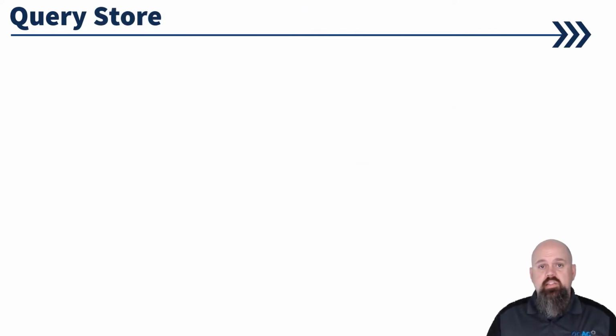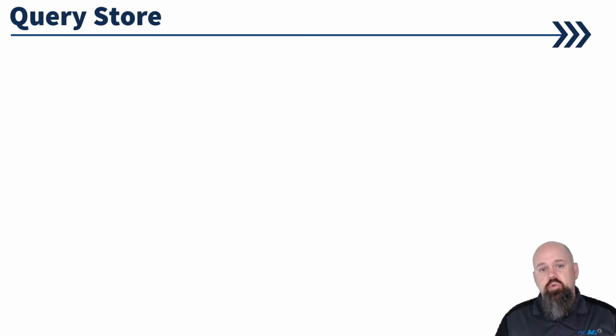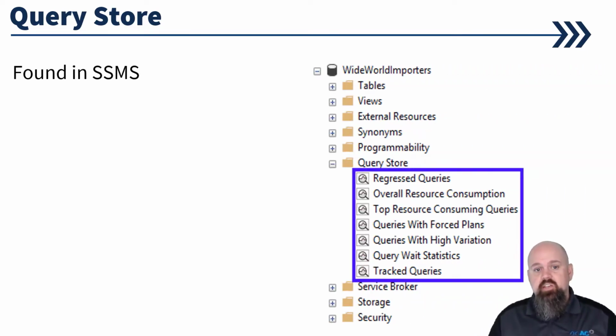With Query Performance Insights, I mentioned that it's based off Query Store. So not only can we use Query Performance Insights to see that information, we can actually go directly to Query Store within SQL Server Management Studio, or SSMS, and help to identify performance issues with our queries in Azure SQL Database.